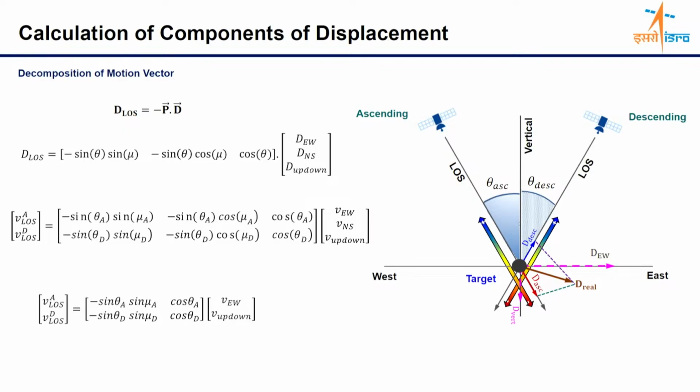For example, y equal to mx plus c: unknowns are basically m and c, means two unknowns, but a single equation. This is a linear equation. Let us say m and c are unknown and x and y are known. So this is a single equation but two unknowns, so two unknowns cannot be calculated from a single equation.